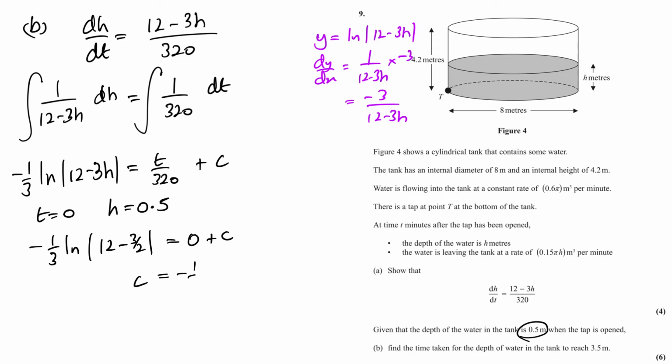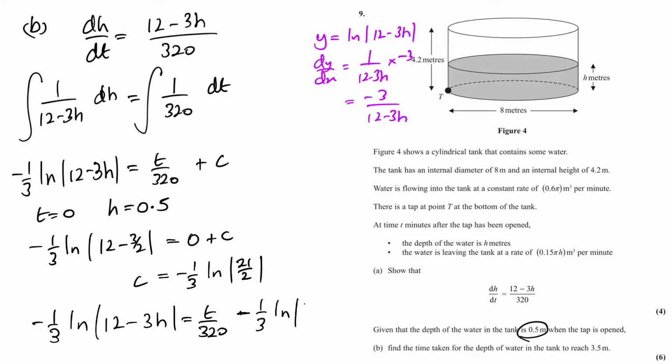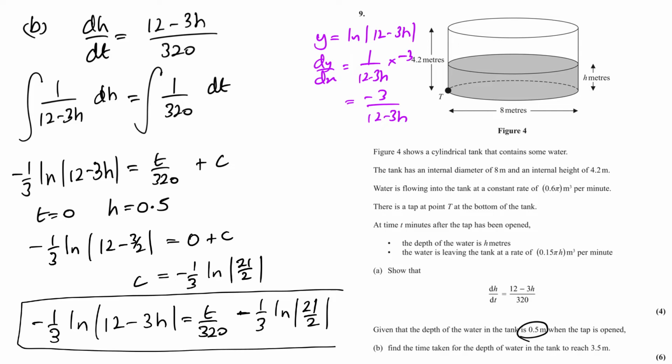So c equals minus 1/3 ln 21 over 2. So now I can say my equation is minus 1/3 ln 12 minus 3h equals t over 320 minus 1/3 ln 21 over 2. So this now is my solution to my actual equation.